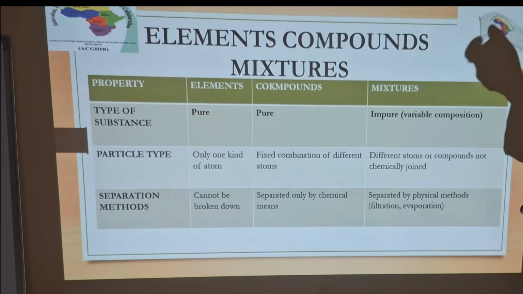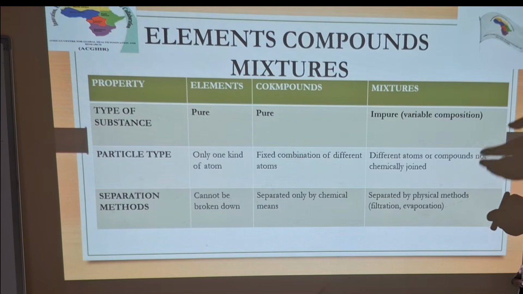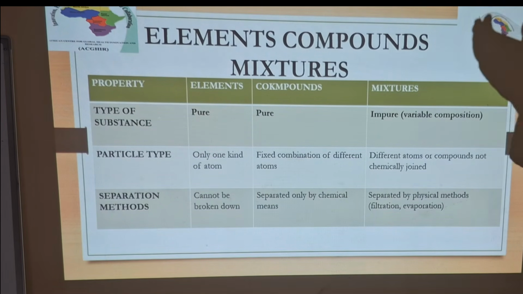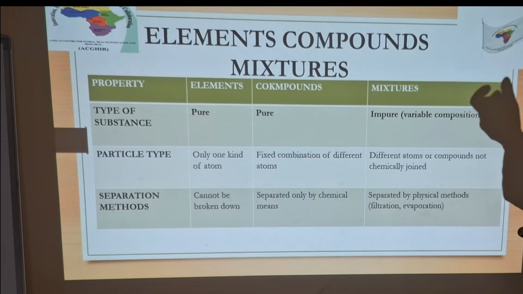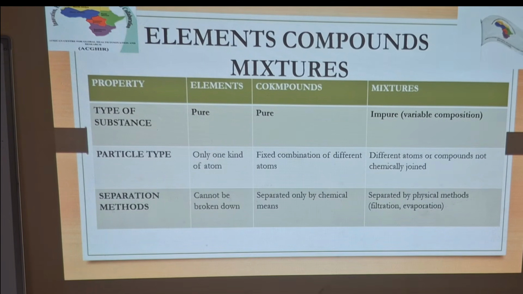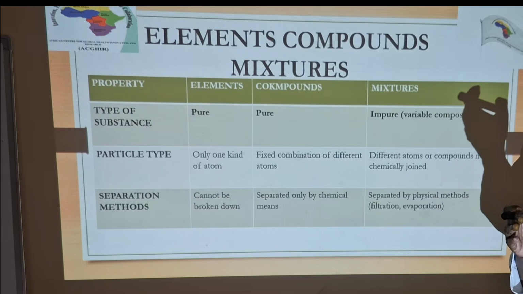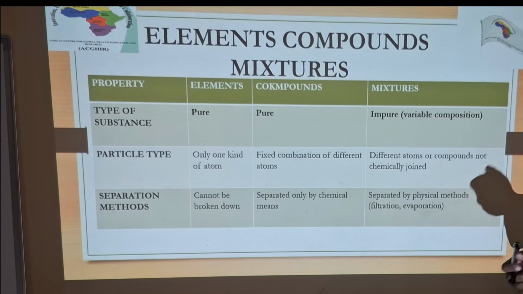Mixtures are impure, that is, variable composition. They consist of different atoms or compounds which are not chemically joined together. They can be separated by physical methods, for example, filtration and evaporation. That is the reason why a salt water solution can be separated by vaporizing the water, and you will be left with solid salt on the ground after all the water has evaporated.